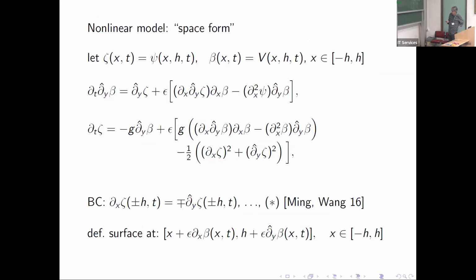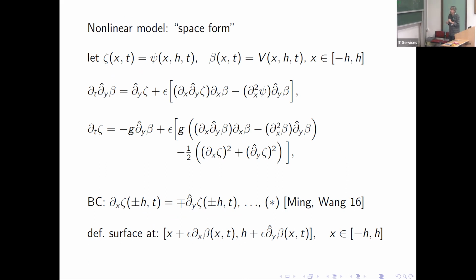But here is another equivalent form of the equations that I presented in space form, where I define certain variables: the hydrodynamic potential at this height, and also the auxiliary potential at the same height. And so I get some kind of PDE here. The intention was to perhaps try some different discretization in the future.